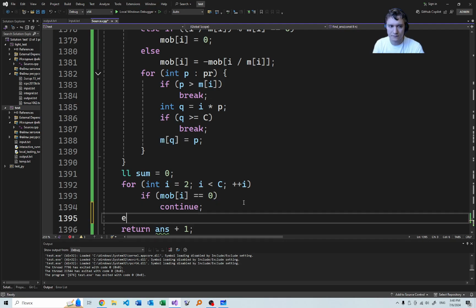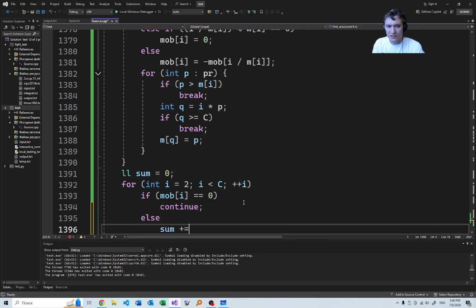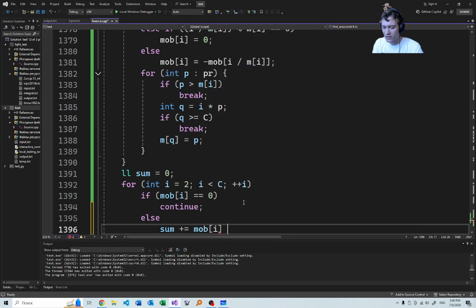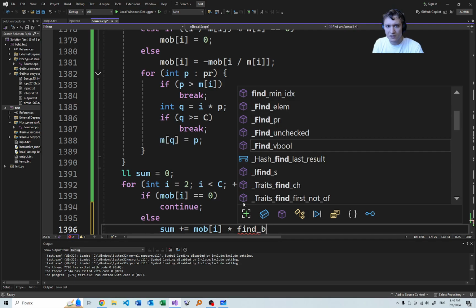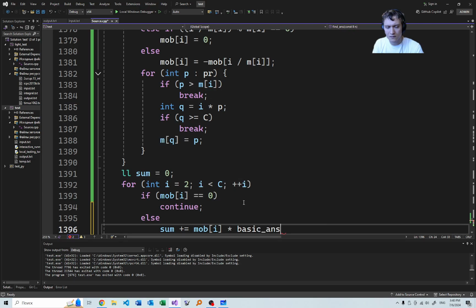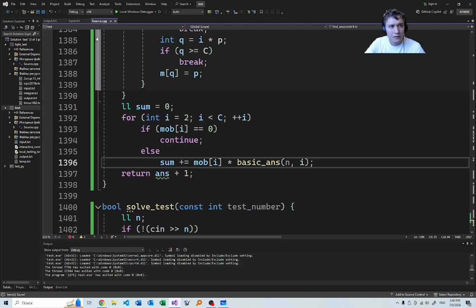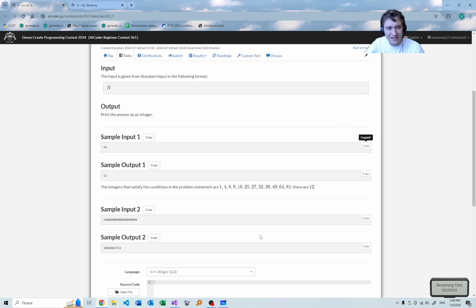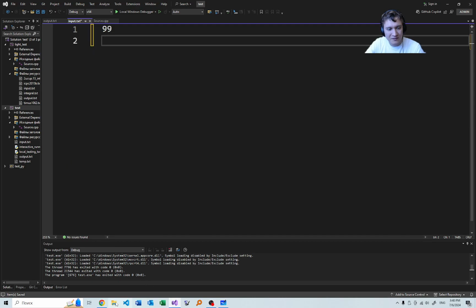Otherwise, sum plus equals Möbius of I times find basic count of n and I. Okay, probably it won't work because it was a mess. It was really a mess.